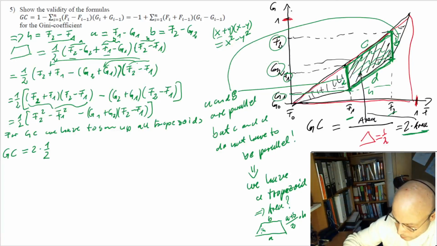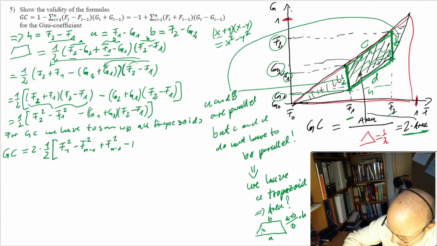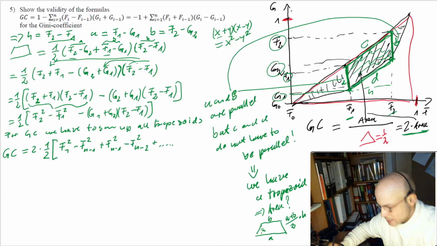So we obtain Fn squared minus Fn-1 squared plus Fn-1 squared minus Fn-2 squared plus and so on.